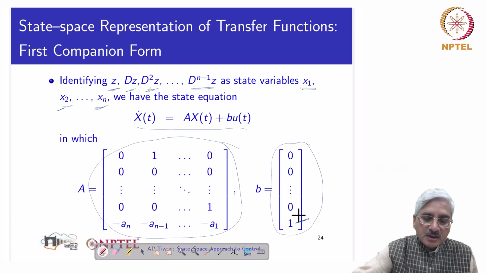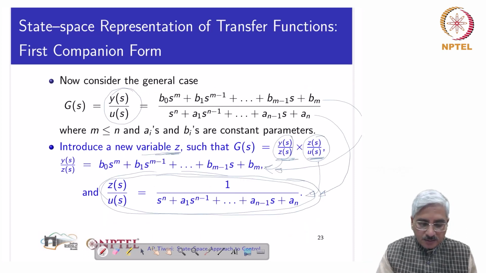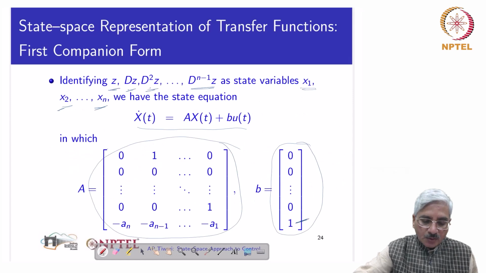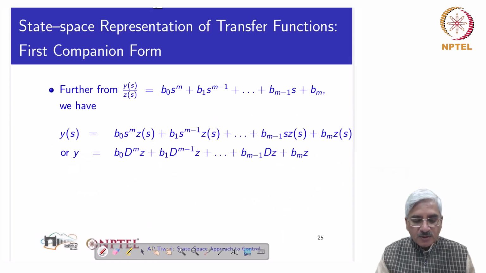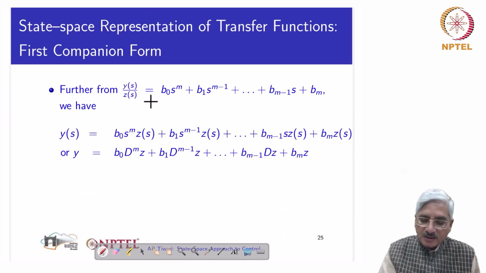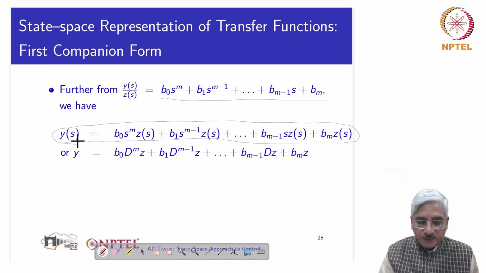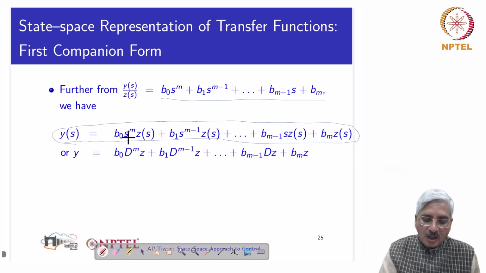And what we do is, looking at this other ratio, Y(s) by Z(s), we have to cast the output equation appropriately. So for the output equation, this Y(s) by Z(s), we cross multiply the terms and we get Y(s) as a linear combination of Z(s) and various powers of s.